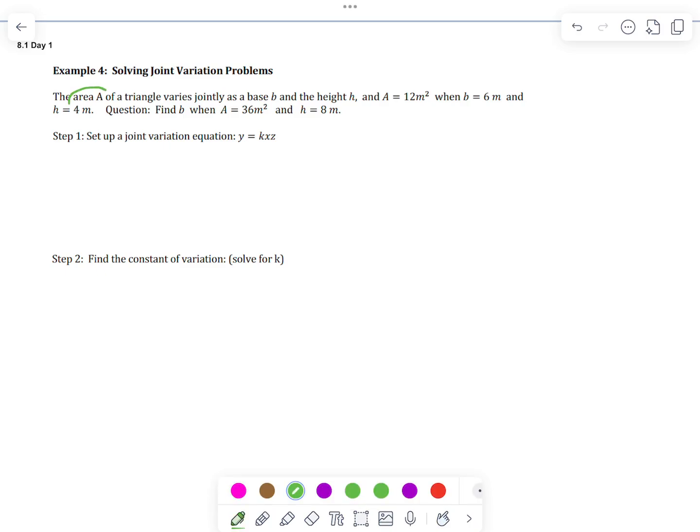So the area A varies jointly with the base B and the height h. So we're going to change the y, x, and z to the appropriate letters. So this is A, B, and H. So here is our joint variation equation.